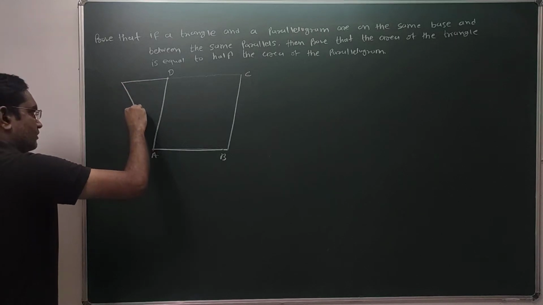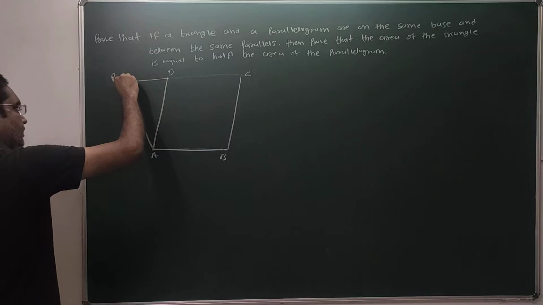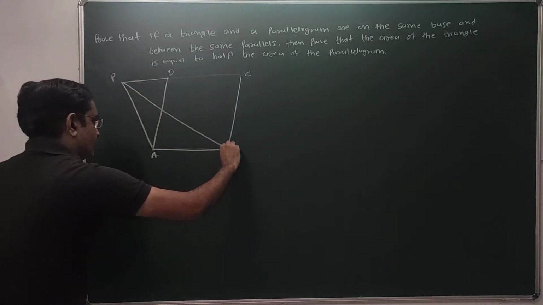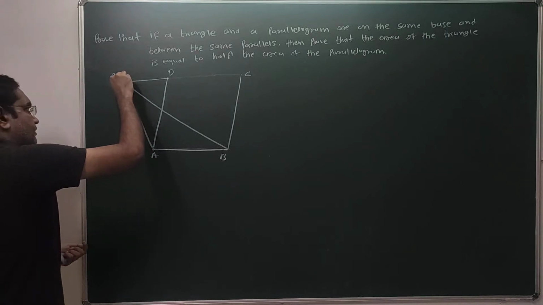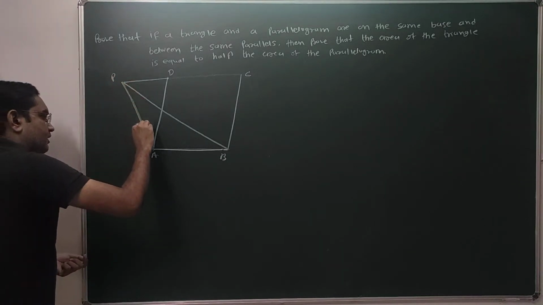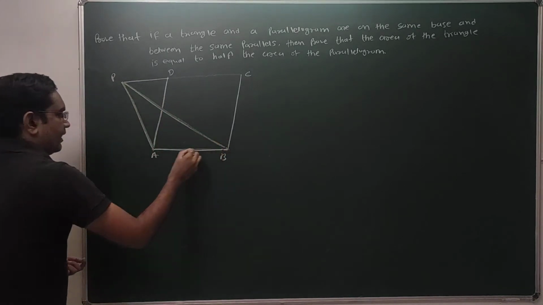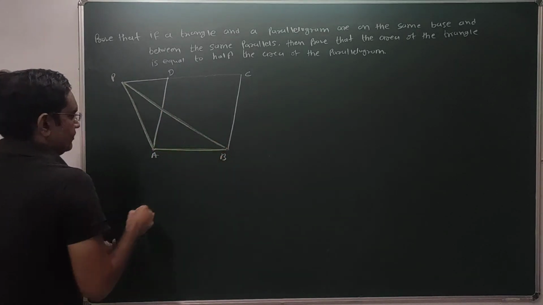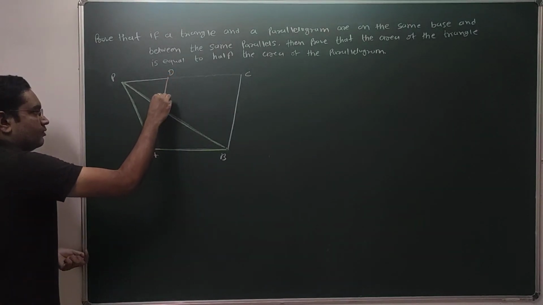Suppose this one, PAB, triangle PAB. Done. So let's represent this triangle with the green one. This triangle PAB and parallelogram ABCD. One triangle, one parallelogram are given. This is triangle PAB and parallelogram ABCD.